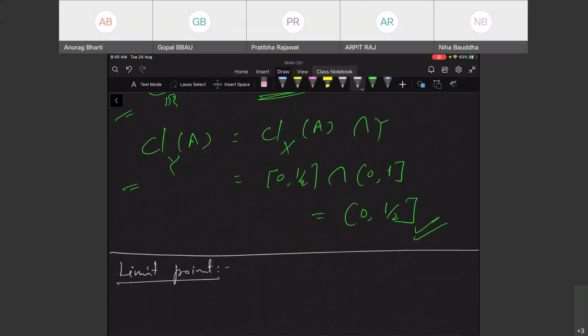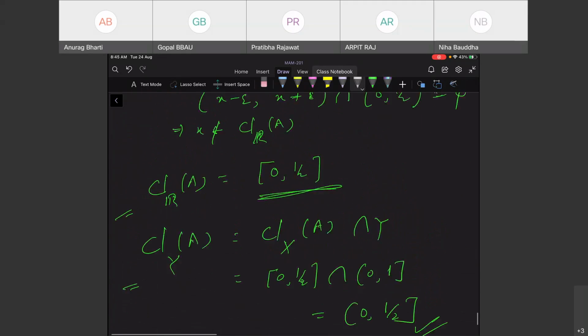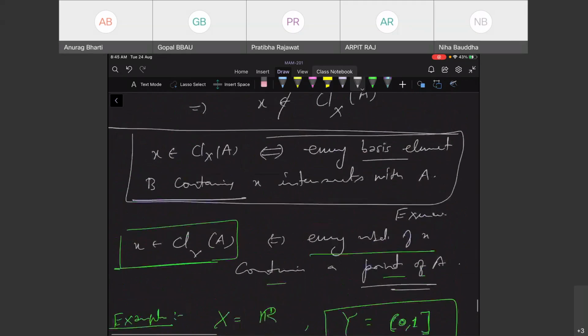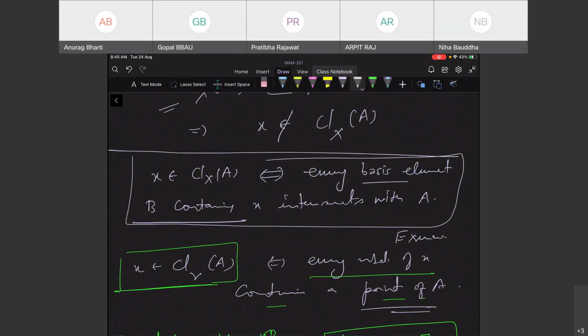Now, in the closure we have seen that every neighborhood of x contains a point of A. What about the point x itself?